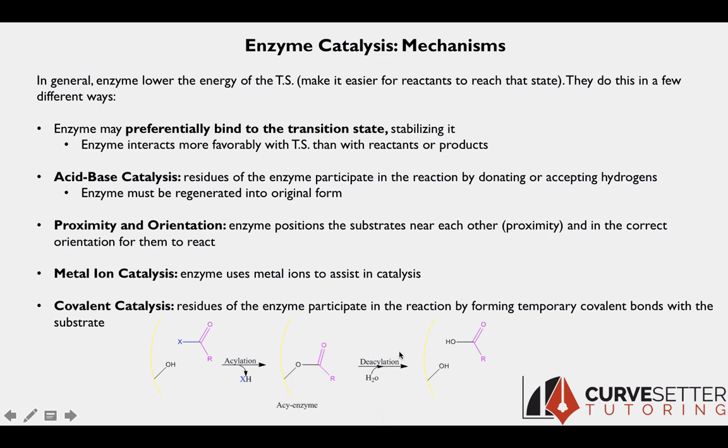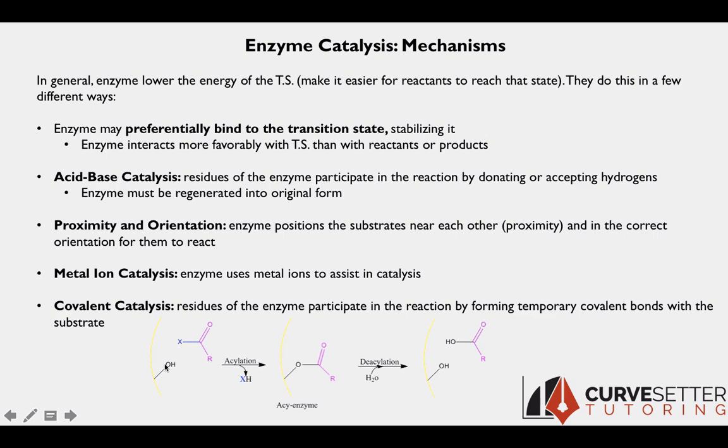And then water is added, and then the enzyme hydroxyl group is regenerated. But you see that it's enabled the reaction in which this X group is substituted out for a hydroxyl group. So it's directly participating in the reaction through bonds, but at the end, the enzyme looks just as it did at the beginning.